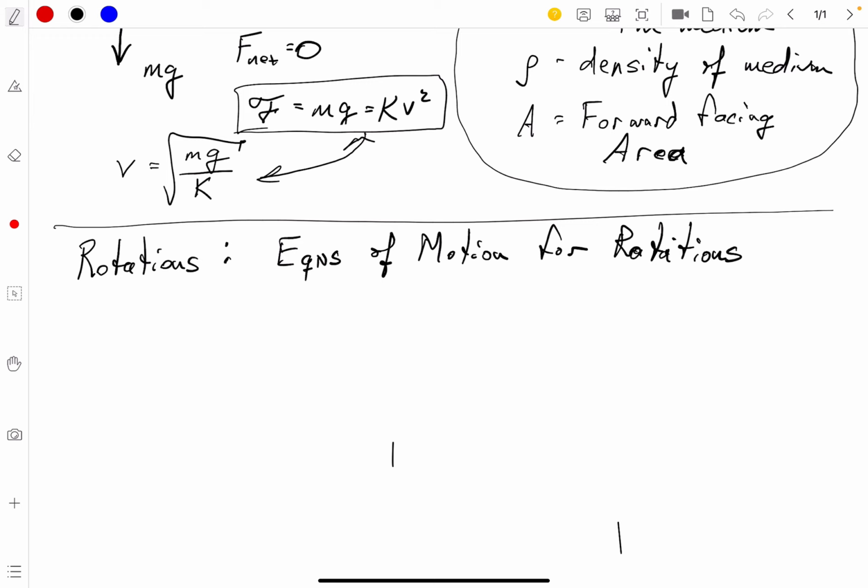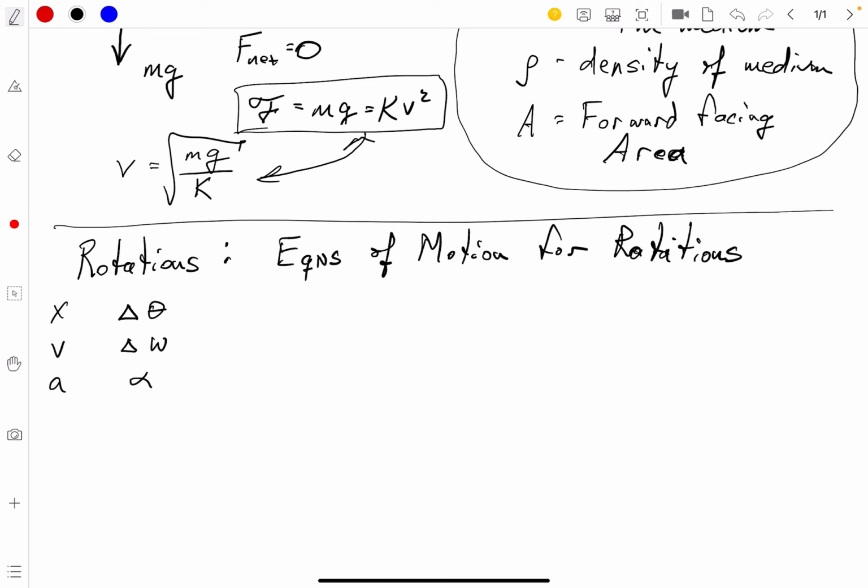Equations of motion for rotations aren't going to change. What do we have? Instead of x, we've got theta. Instead of v, we've got omega. And instead of a, we've got alpha.